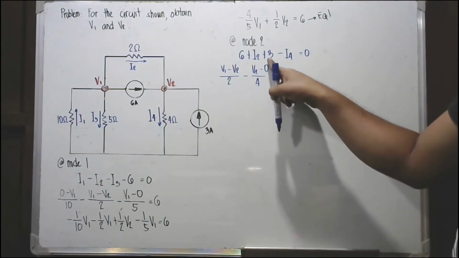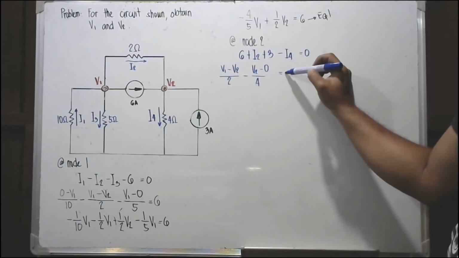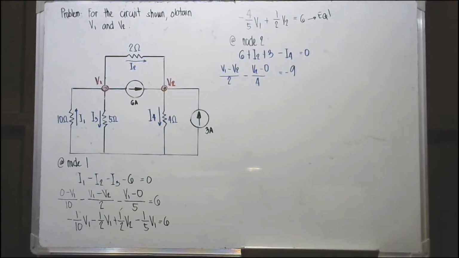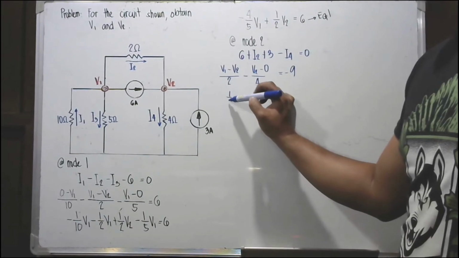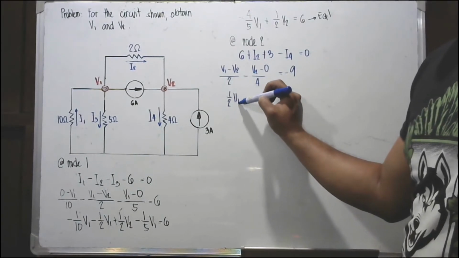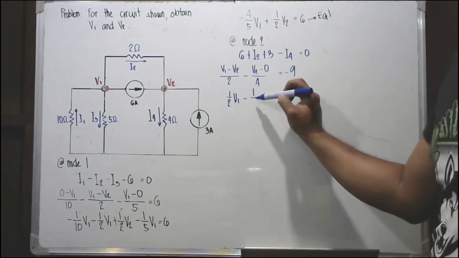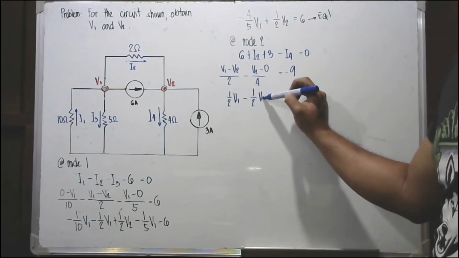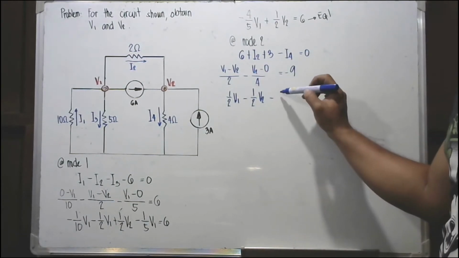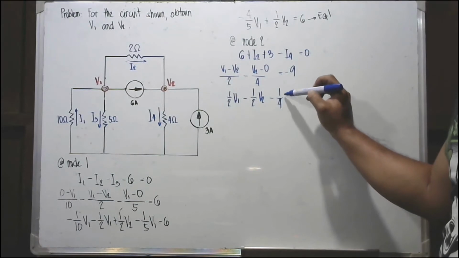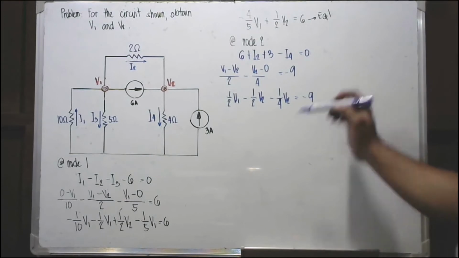So 6 plus 3, that is positive 9, transpose to the right hand side, so that will be equal to negative 9. Simplify the equation, so you have 1 half V1 minus 1 half V2 minus 1/4 V2 is equal to negative 9.